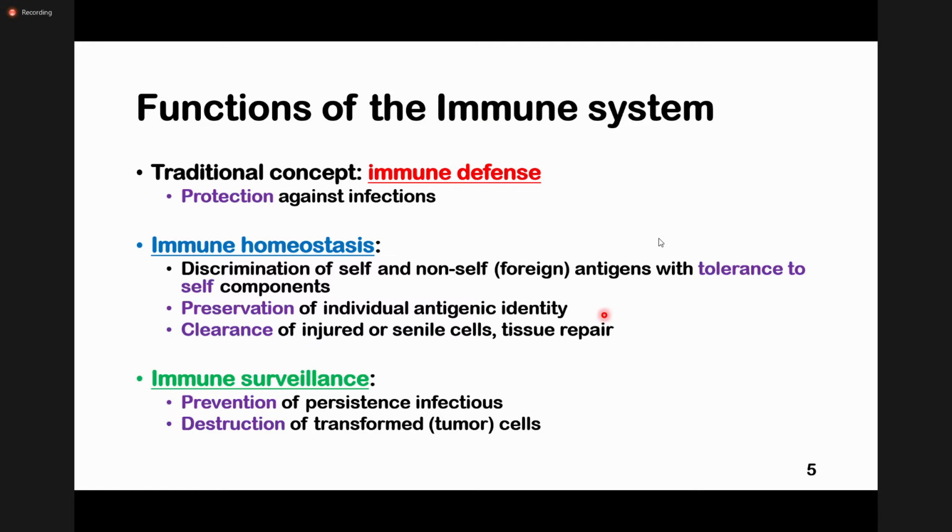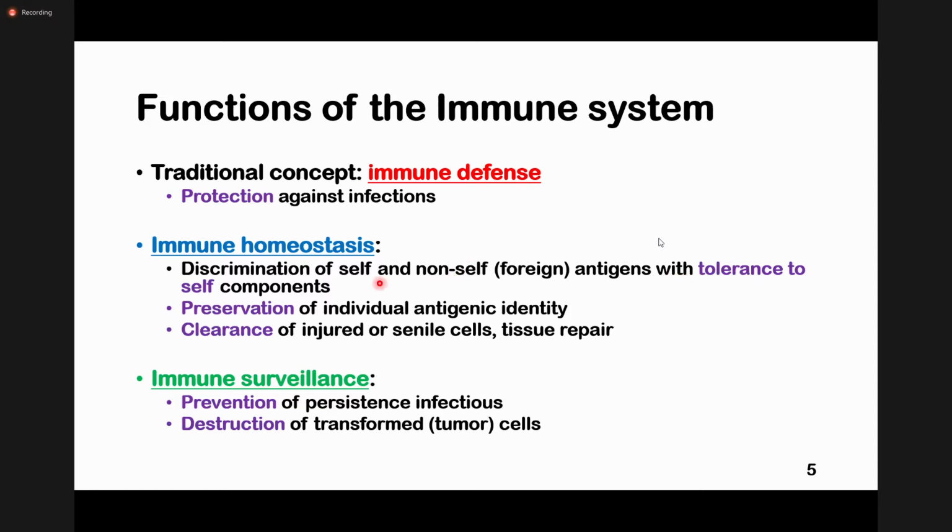So now you know the function of the immune system is defense, right? Immune defense against infection, so that we can stay in homeostasis, maintaining self and non-self antigens, and we tolerate self so that we can fight the non-self antigens and stay in the normal state.